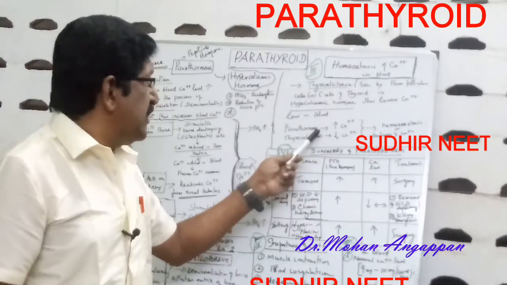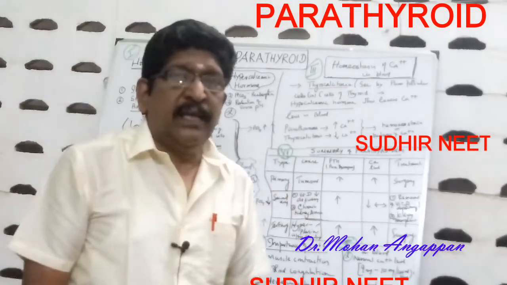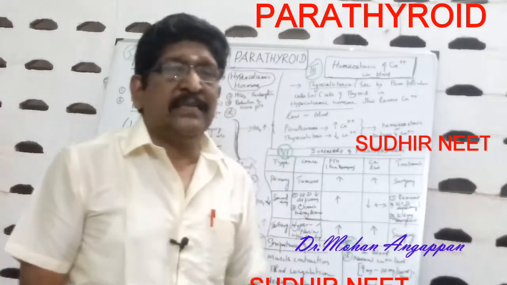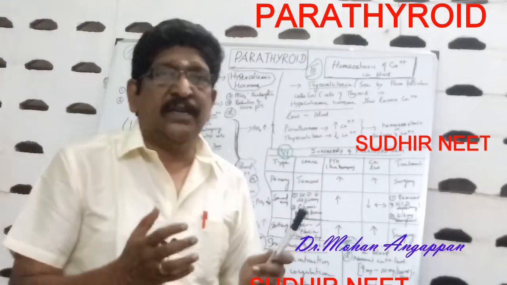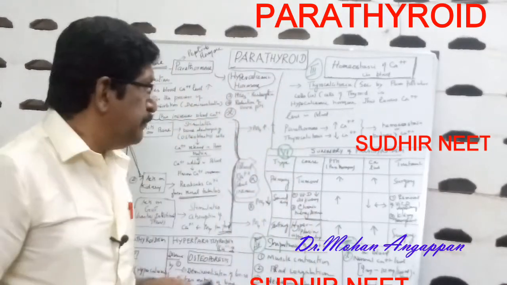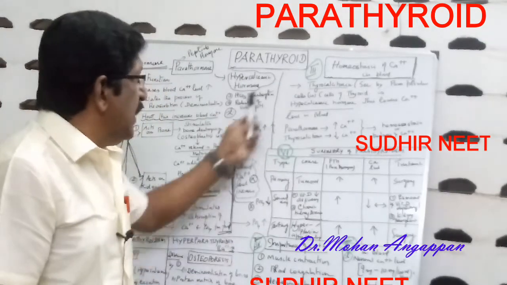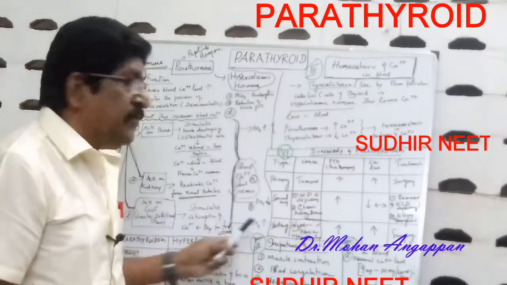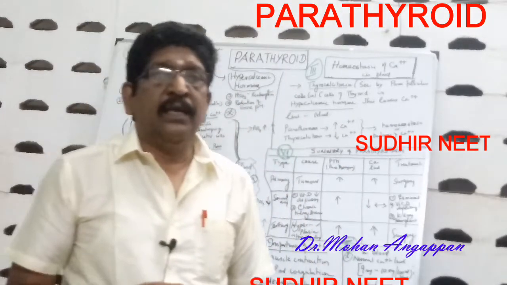So Parath hormone acts as the hypercalcemic hormone, thyrocalcitonin acts as the hypocalcemic hormone, by which the homeostasis or balance of calcium is maintained in our blood. Then, I told you the hormone is very important for calcium. This maintains the calcium level in our blood.